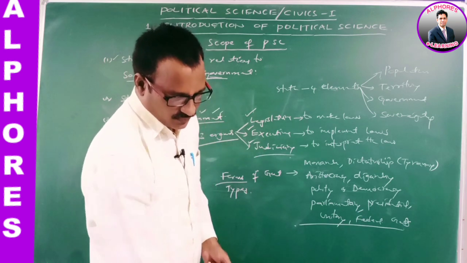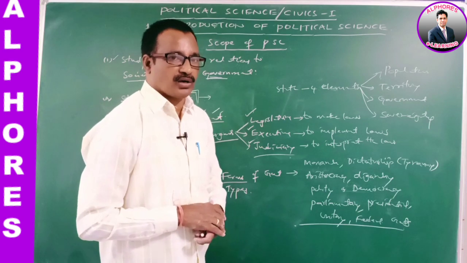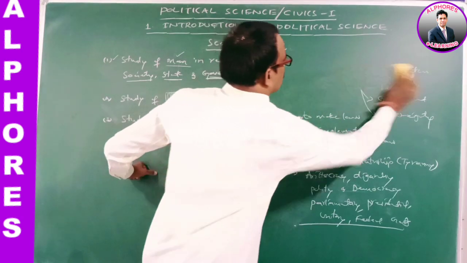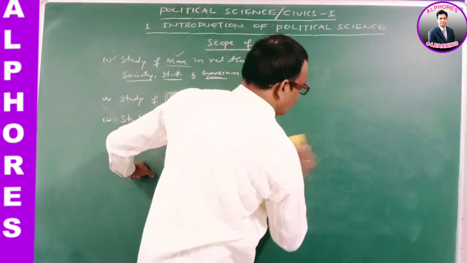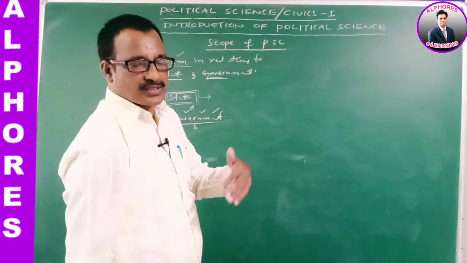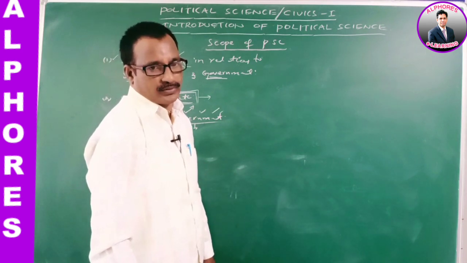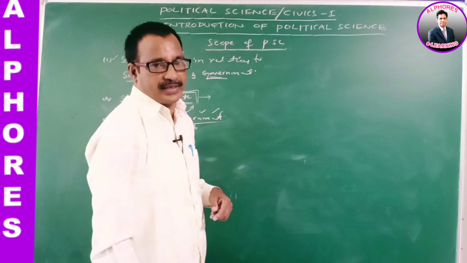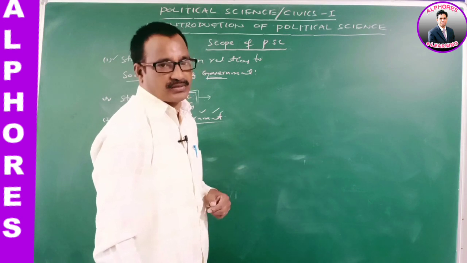It performs what type of functions? For example: to maintain law and order in the society, to provide justice to the people, to maintain relations with other countries, to promote the welfare of the people, in which to provide health facilities, educational facilities, transport facilities, communication facilities.